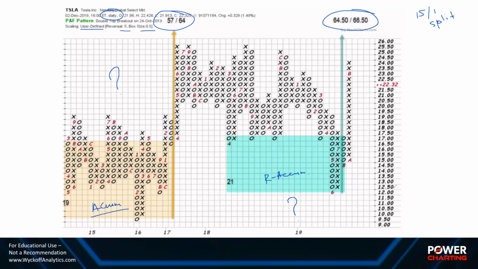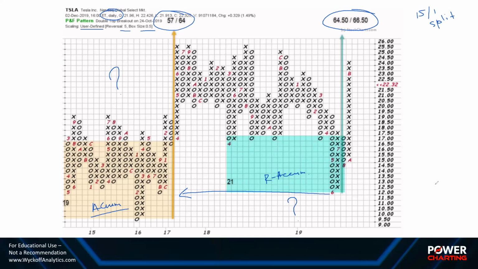Now note how deeply the reaccumulation corrects down into the prior structure, but it's its own unique structure because it does not overlap the entire prior move and go lower. It makes a higher low. If it was to go to a lower low, it would effectively negate the count on the left. And so again, topic for another day in point and figure, just so you know the ground rules.